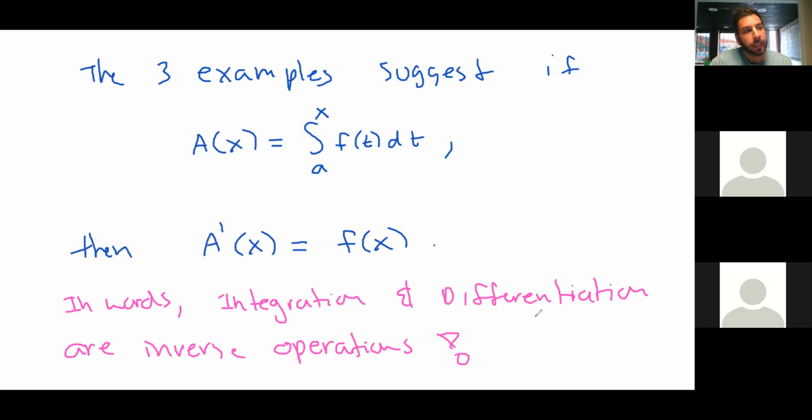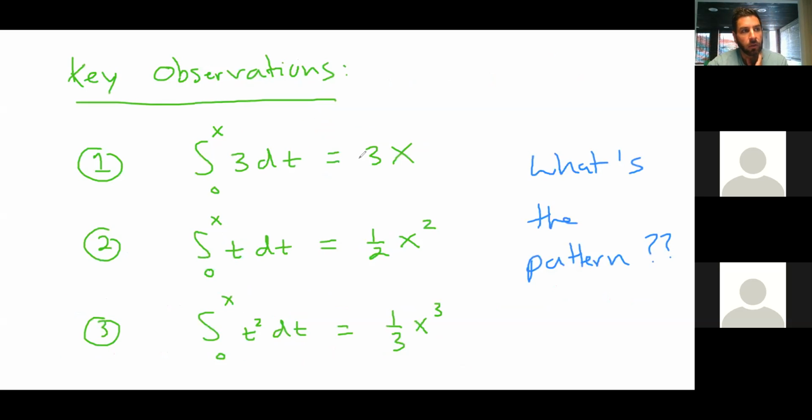Why are we thinking that? Look at the previous 3 examples. There's a pattern there. It might not be obvious to you right now, but if you spend some time and think about it, you will see a pattern. Again, look at the right-hand side. Take the derivative, you get what's inside.